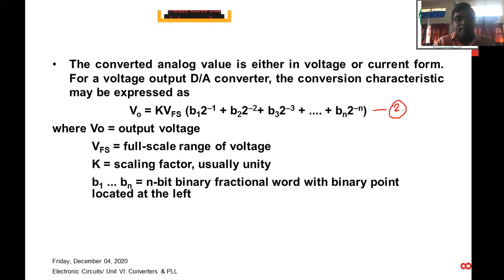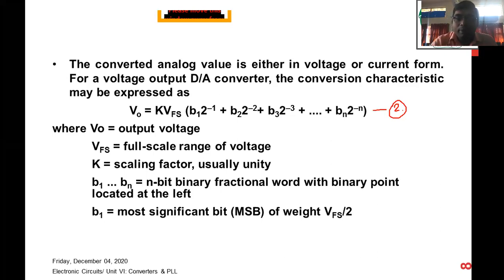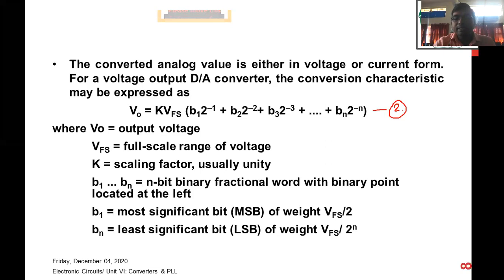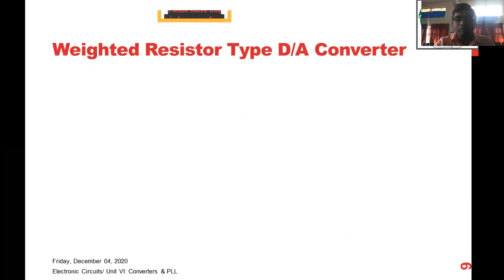B1 to Bn is an n-bit binary fractional word with the binary point located at the left of the D to A converter, where B1 is the MSB, most significant bit, of weight VFS upon 2, and Bn is the least significant bit of weight VFS upon 2 raised to the power n, because we are discussing the n-bit digital to analog converter.